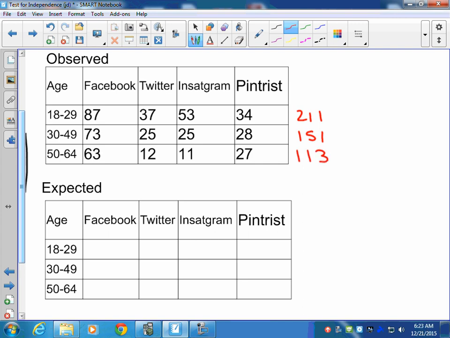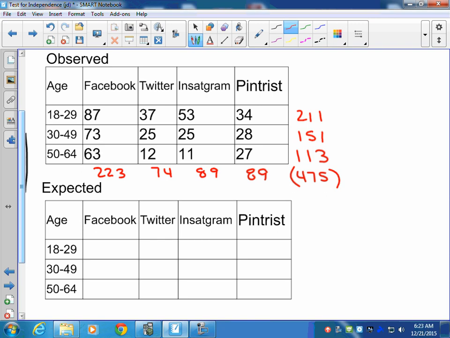So it's all of our total values for every row and every column. So we add the values up, get all of our individuals, and then we have the total of the entire table, 475.